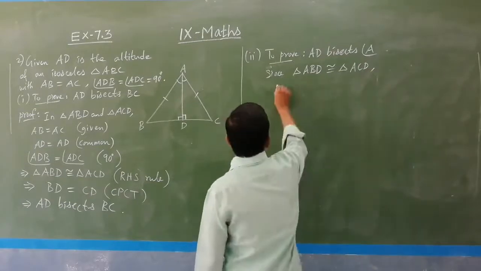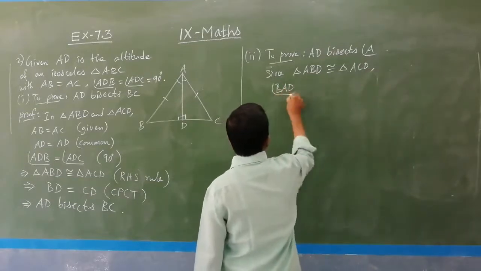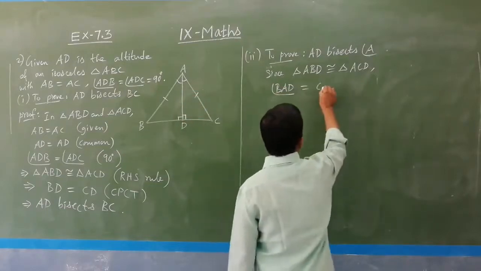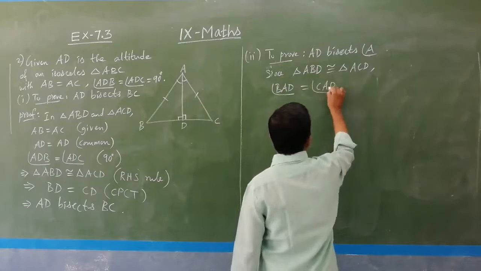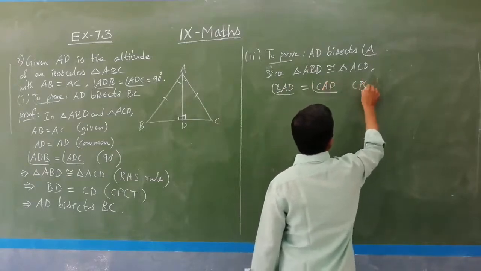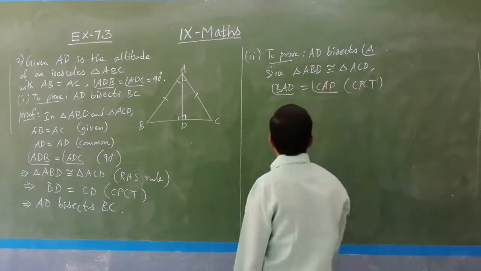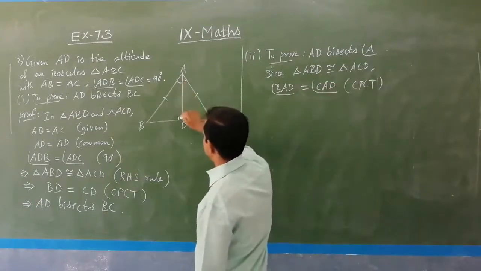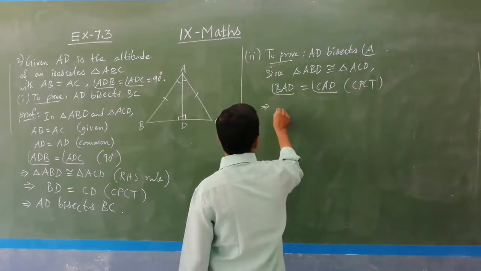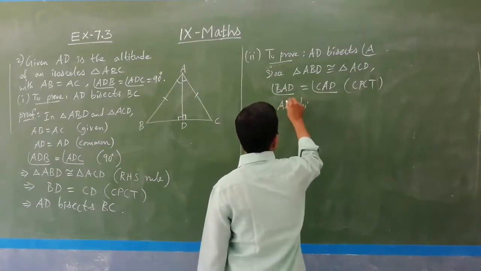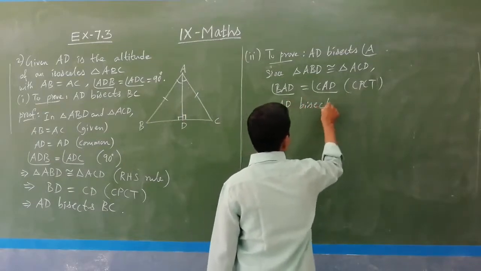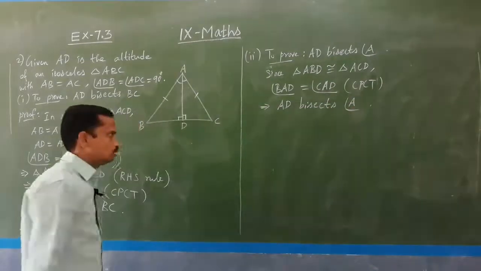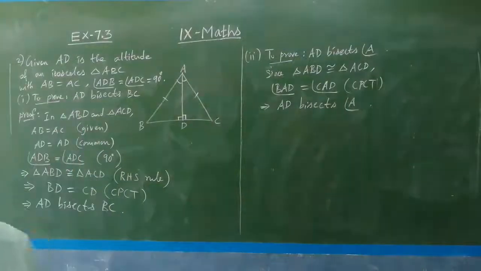Angle BAD of the first triangle is equal to angle CAD of the next triangle, right? By CPCT we can say that. Therefore, AD bisects angle A. Is it clear? That is all the proof, and we move to the next sum.